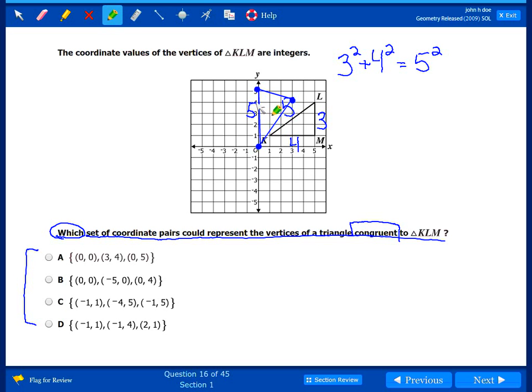We should see pretty quickly that this side right here, which I'll color like that, is not equal to 3 or 4. So right away we know that A isn't the correct answer. Remember, all the sides need to be congruent. So I'm going to erase this, and we're going to try a different one.